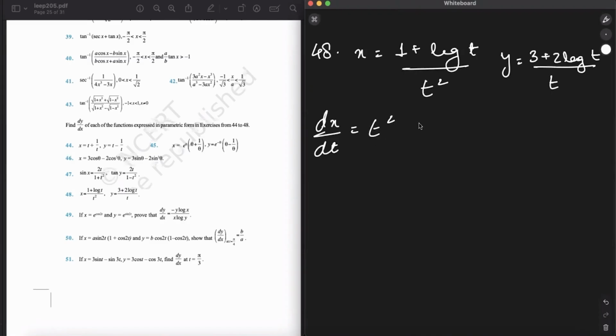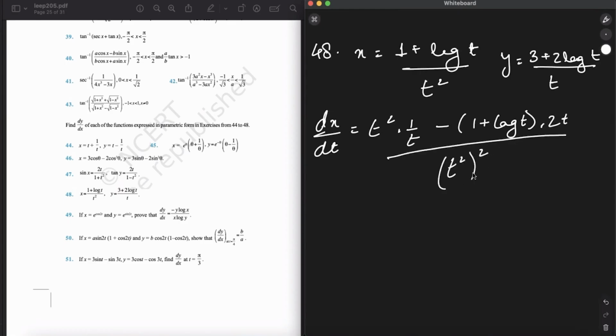t square times the differentiation of 1 plus log t, which is 1 upon t, minus (1 plus log t) times 2t, whole divided by (t square) whole square. Alright.